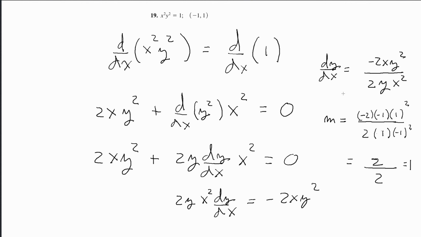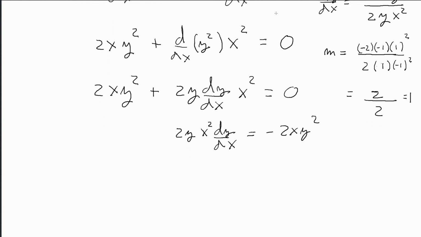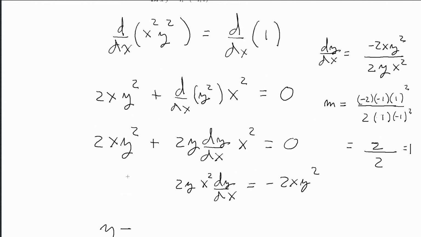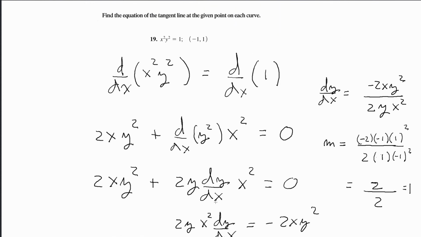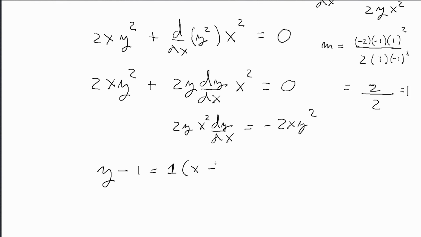So the slope is 1, and now we have to use our point-slope form to write down the answer. y minus 1 has to be equal to 1, the slope, times x minus, and now x is negative 1, so that's plus 1.